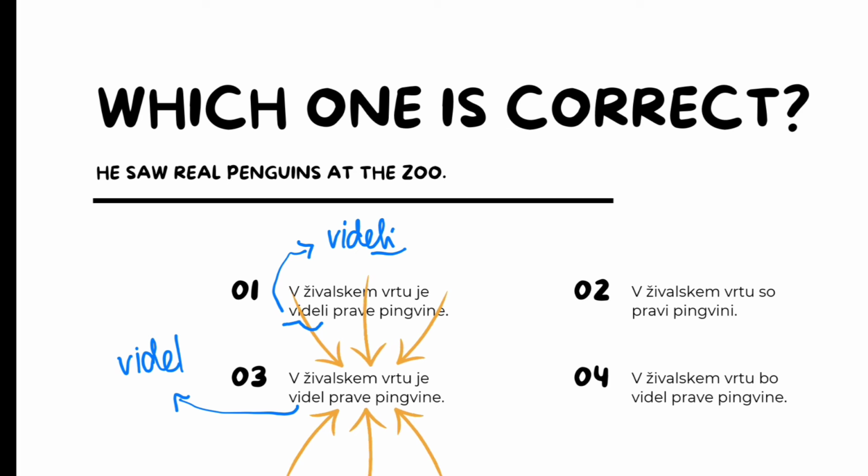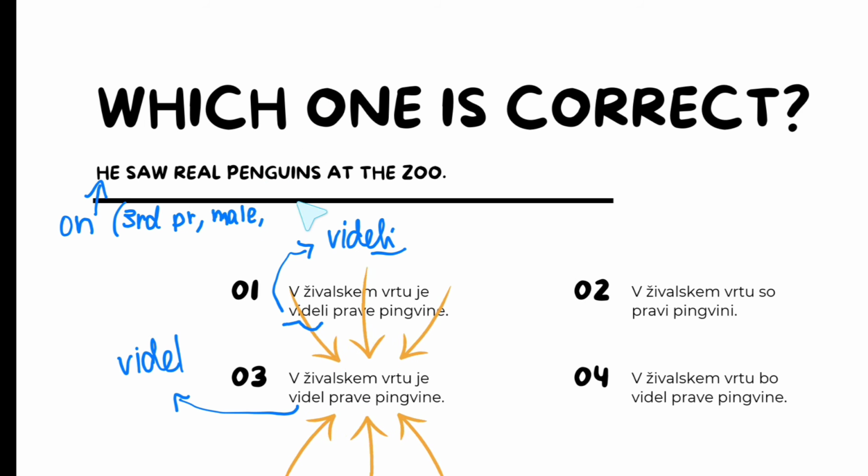But we have he. So he is on, which is third person, and male. And what else?